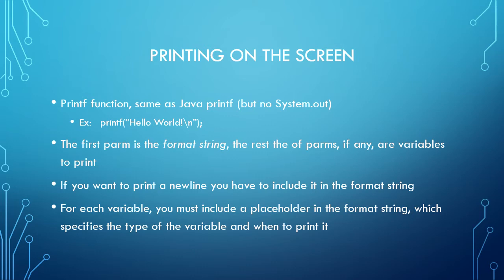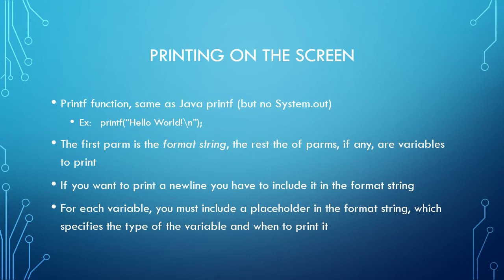Printf is not like print line. There's no automatic inclusion of a new line. So if you want a new line, if you want to print a new line, you have to explicitly include that in the string that you're printing. So in this printf example, we have only one parameter, which is the string we want to print. But we can have additional parameters when we want to print variables.